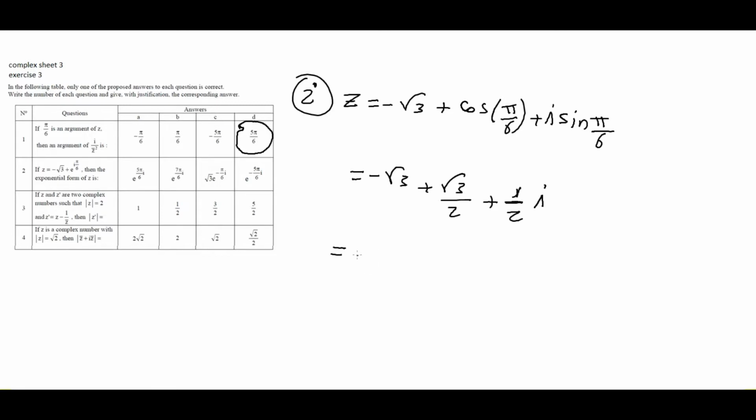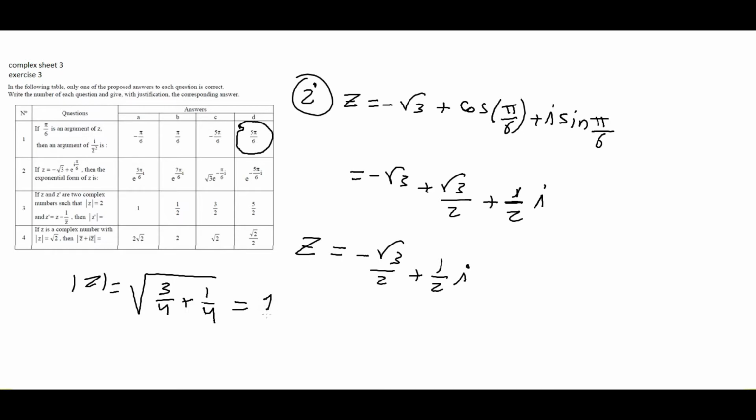So it is equal to minus radical 3 over 2 plus half i. That's z. So now we can find the modulus of z, which is equal to radical of (radical 3 over 2) squared, which is 3 over 4 plus 1 over 4. So it is equal to 1.